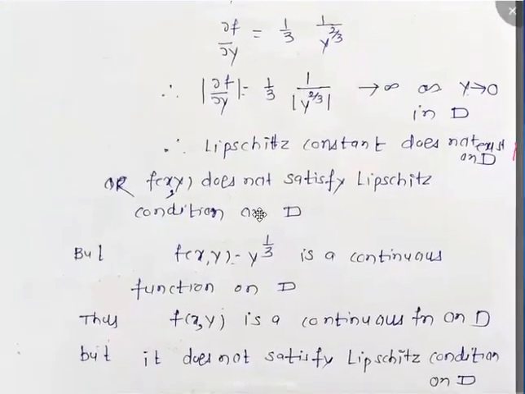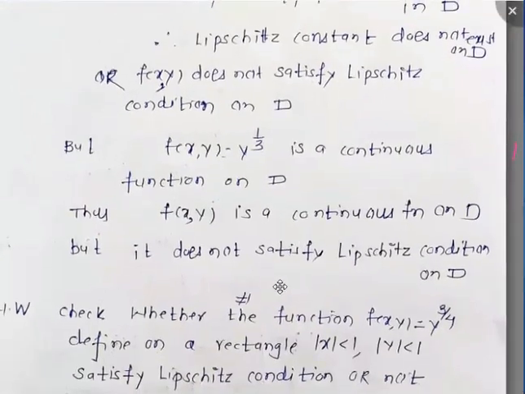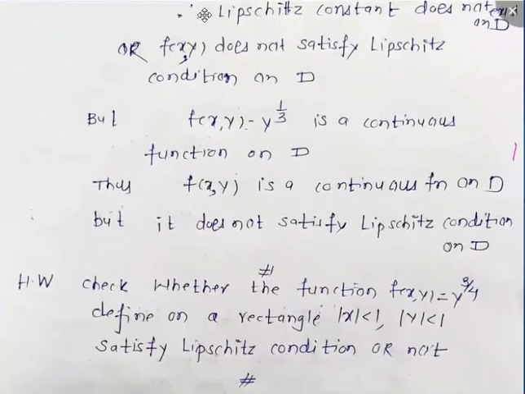So function does not satisfy Lipschitz condition on this region D, but it is a continuous function. Y is a continuous function, so y raised to 1 upon 3 is a continuous function. So thus function is continuous, but it does not satisfy Lipschitz condition.